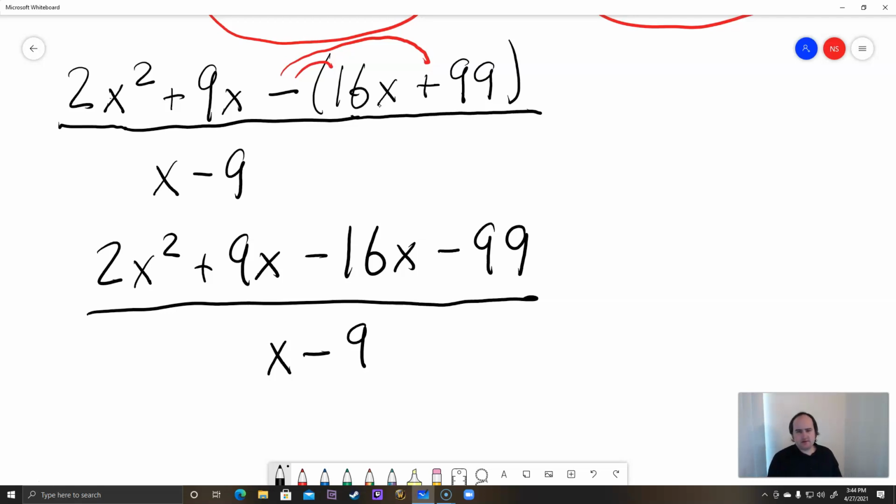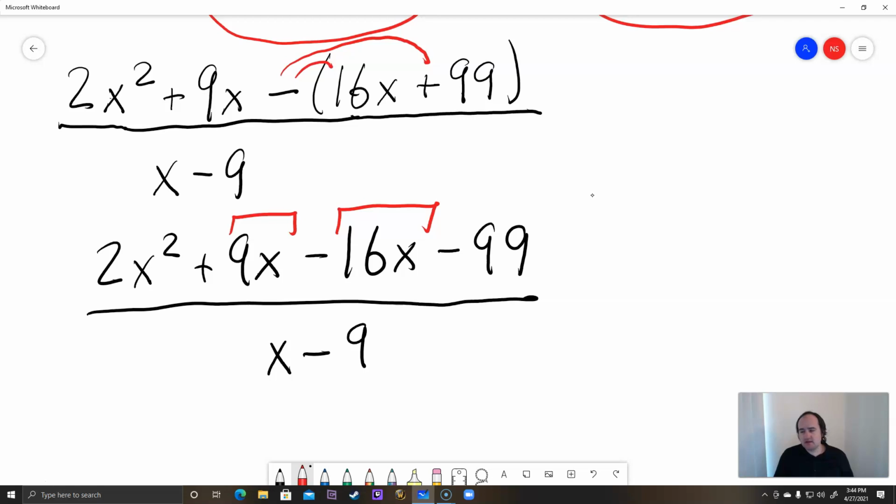Now you might think you're almost done with this problem because we've already done a fair amount of work, but we're not actually done because we still have to simplify this even more. So in the numerator, we can combine like terms. If we combine the 9x and the negative 16x, those are like terms because they have the same variables raised to the same powers.